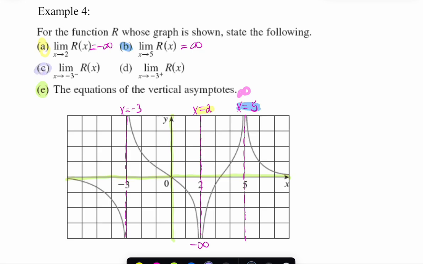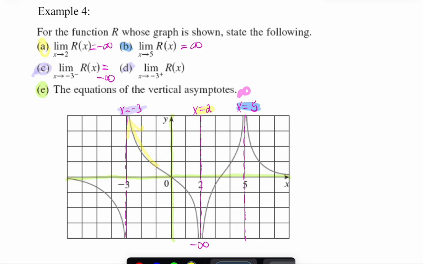Now, C and D are asking from the left and from the right. The reason they did that, I'm assuming, is because they are not going to the same location, are they? At x equals -3, they're not. Now, from the left side, we are heading to a height of negative infinity. That's what they're asking in C. But D is asking from the right side of -3, so we're coming in from that way.